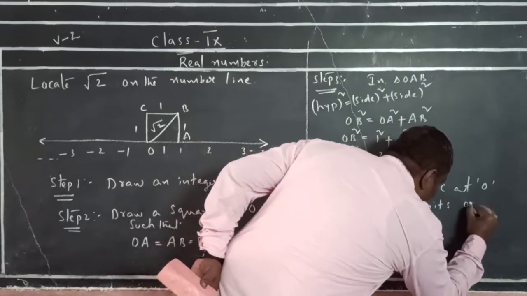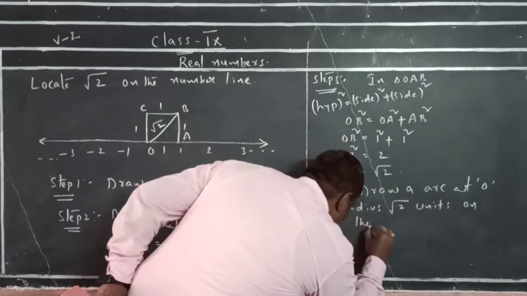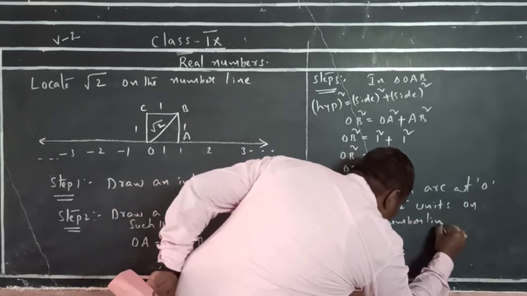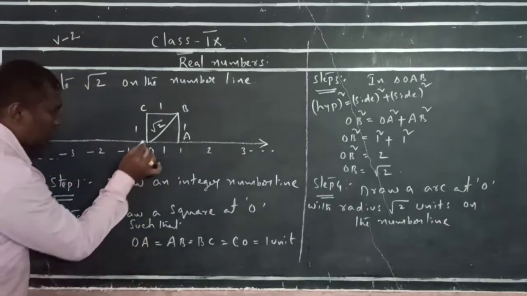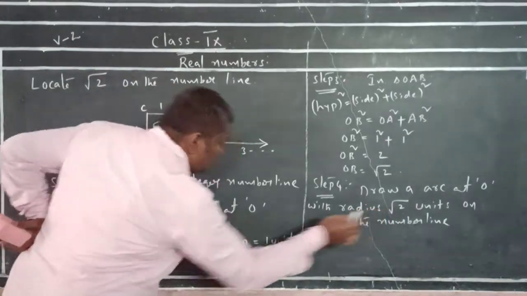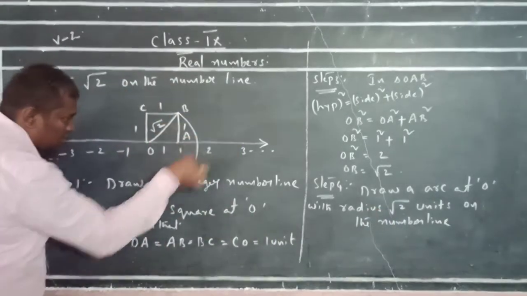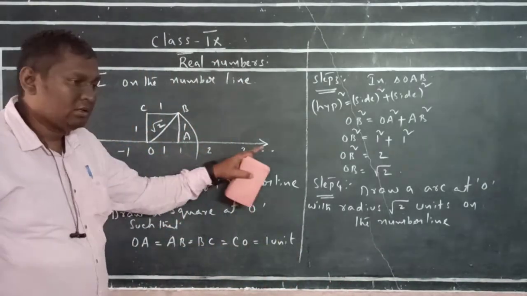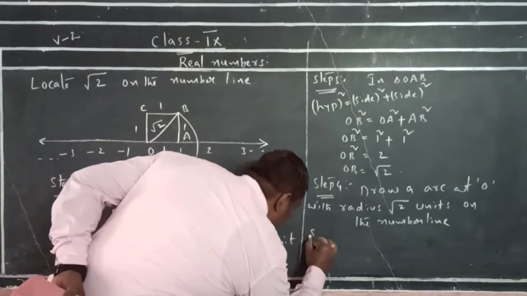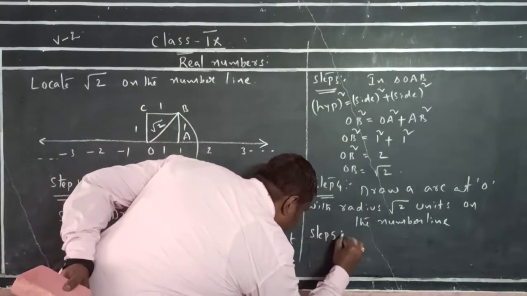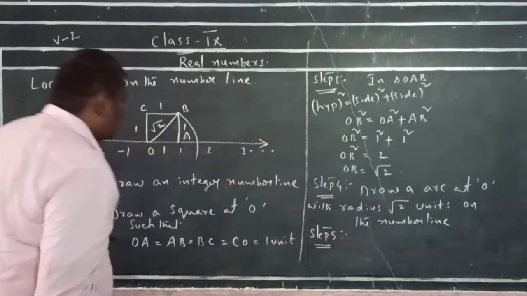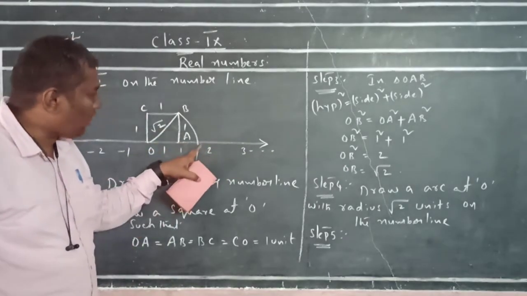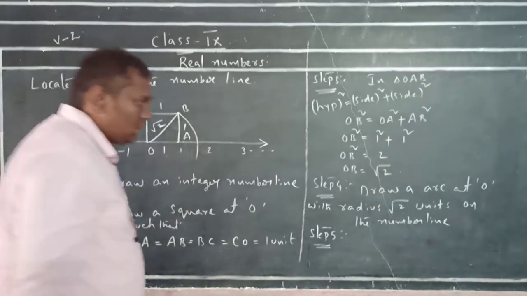On the number line. Draw an arc at O with radius root 2 units on the number line. That is step 4. Next, step 5. That arc will be here on the number line. That point represents root 2 on the number line.